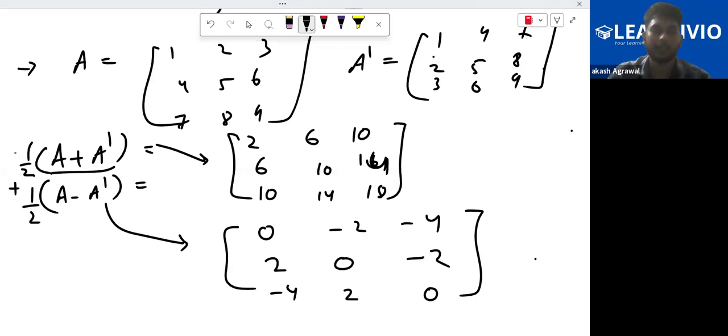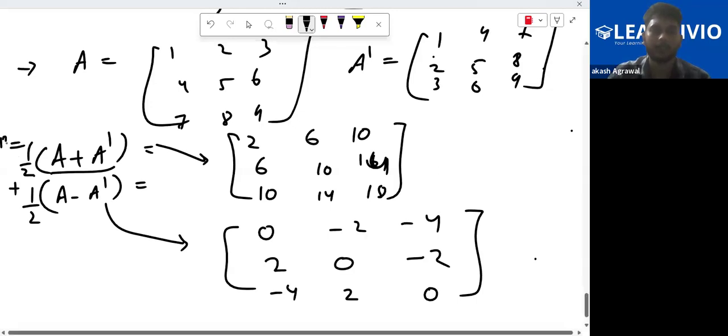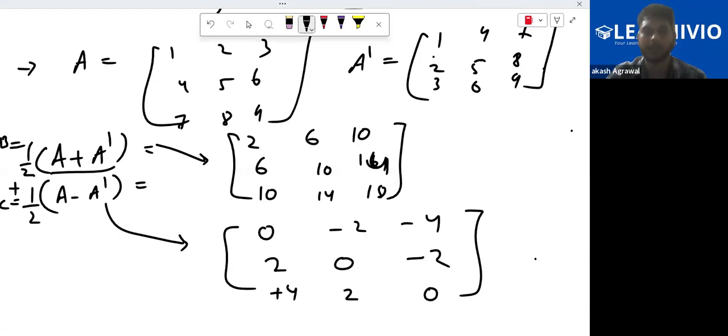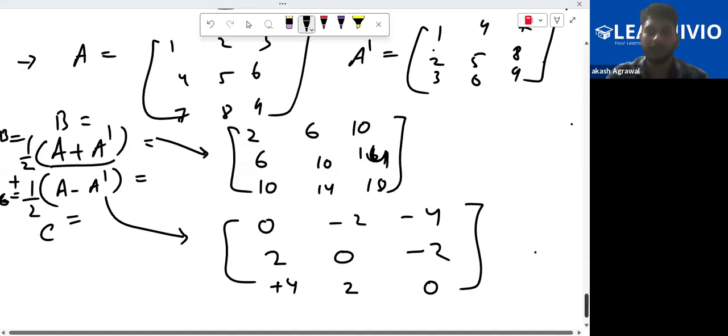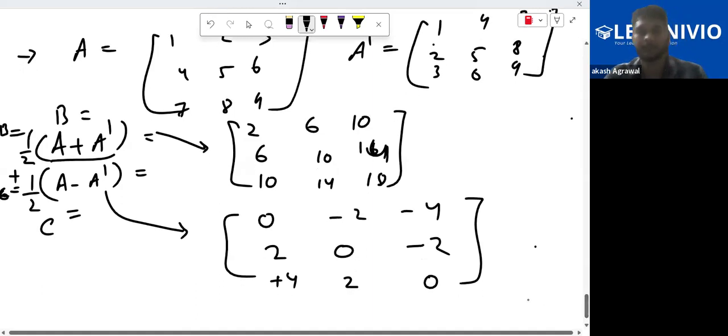Would that be plus 4 in A minus A transpose? Plus 4. Did I make a mistake? Yes, this is plus 4. Very good. 7 minus 3 is plus 4. Okay, let's say this is B matrix and this is C matrix. So please find half of B plus half of C.